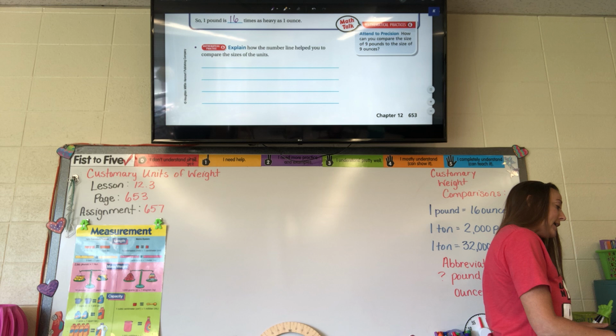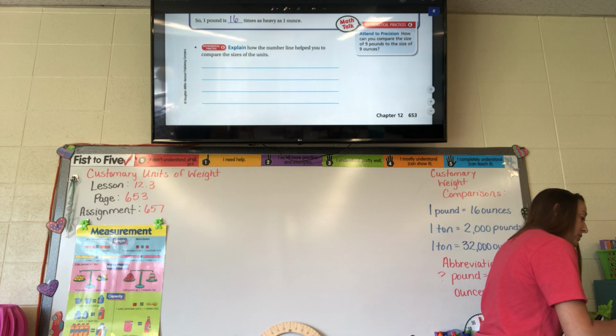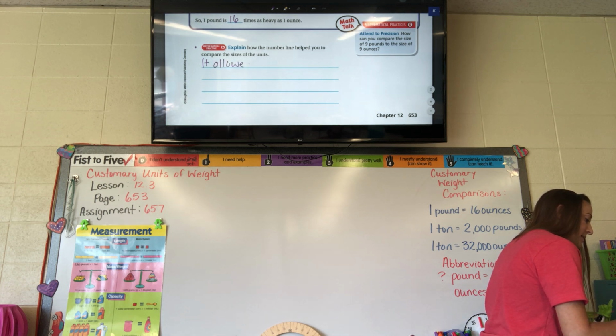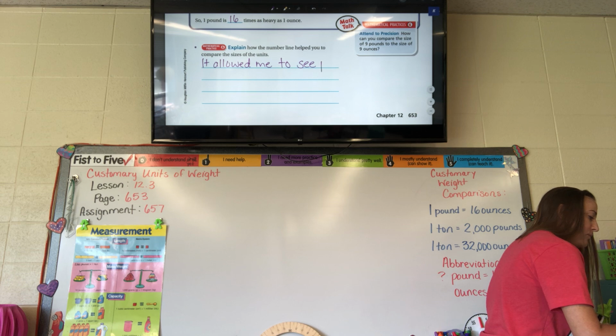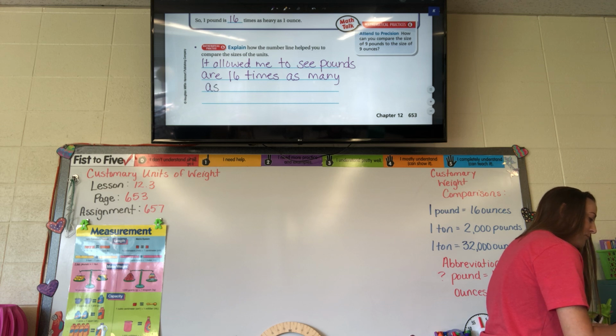Explain how the number line helped you to compare the size of the units. It allowed me to see pounds are 16 times as many as ounces.